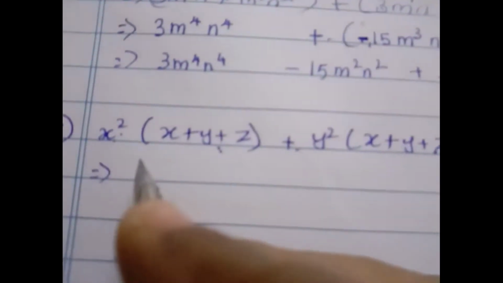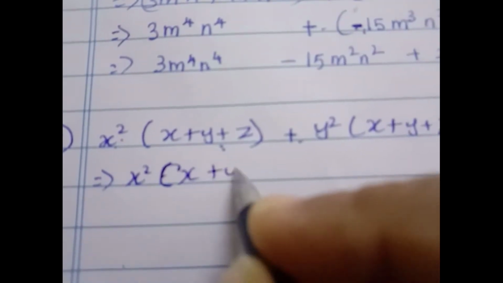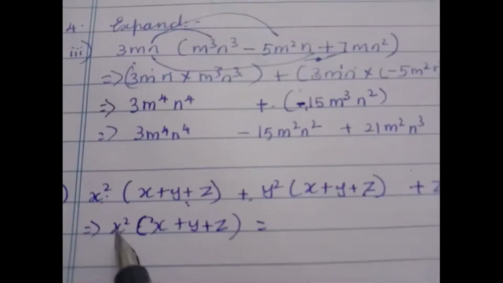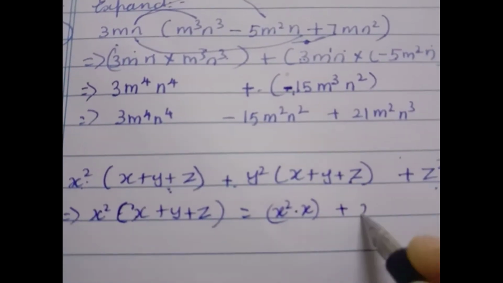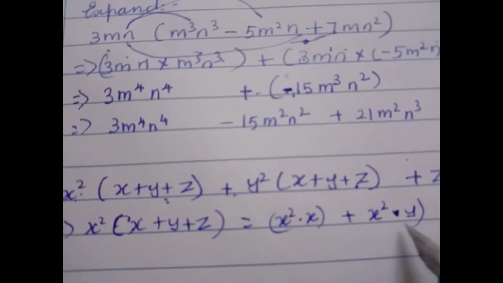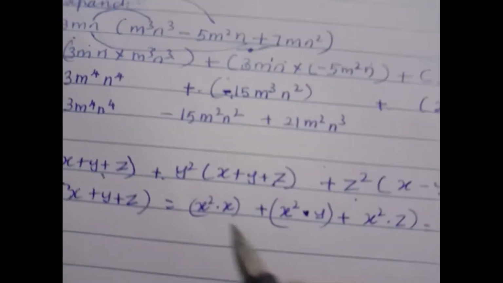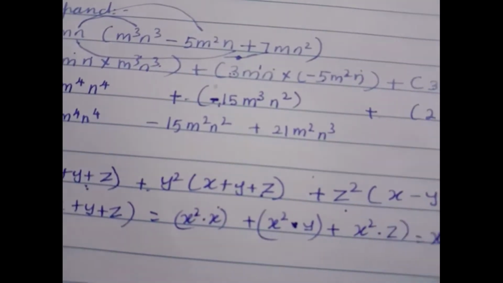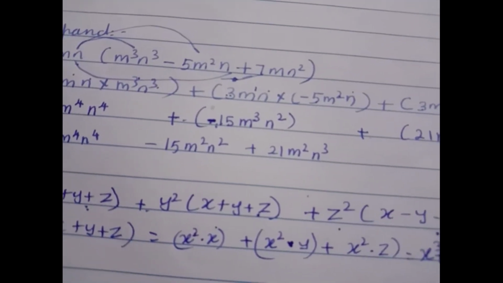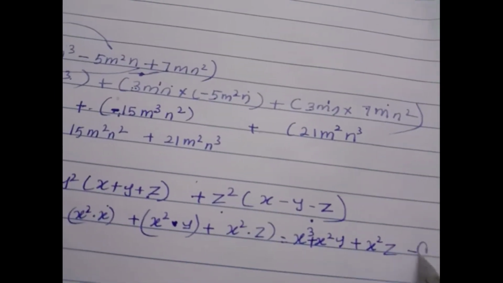So first we will take the first expression: x square into x plus y plus z is equal to x square into x plus x square into y plus x square into z, which is equal to, you have to add the powers, 2 plus 1 is 3, x cube plus x square y plus x square z. This is your first equation.